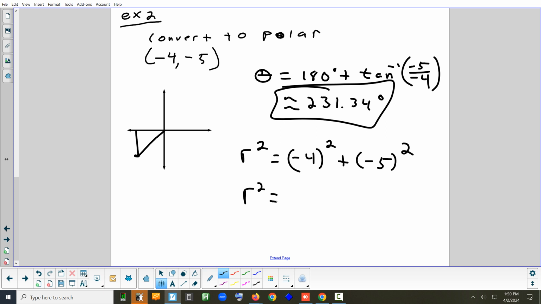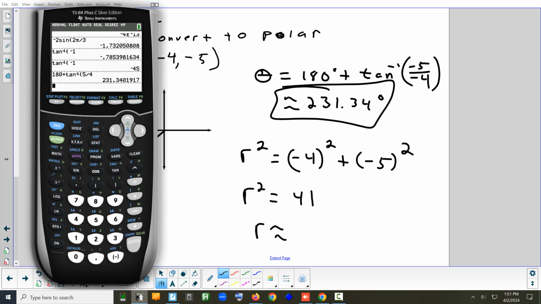What's 16 plus 25? 41. And to get r by itself, take the square root of 41. Square and square root are two different things. So we get about 6.40.